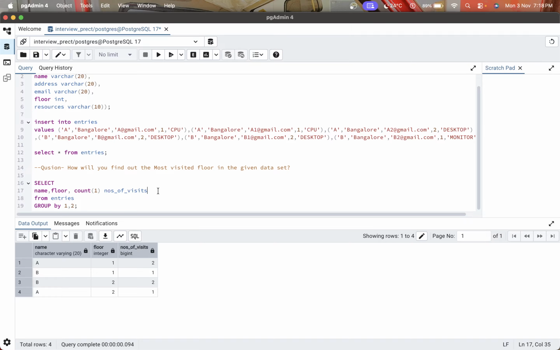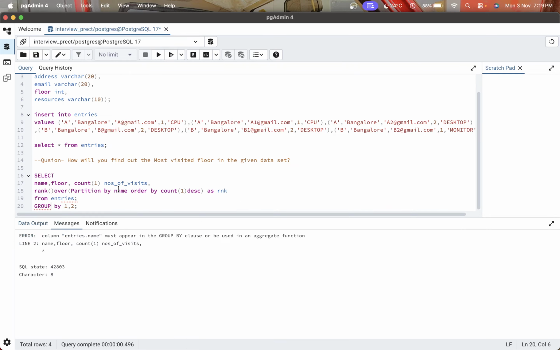The approach will be to use rank over, and I'm going to partition by name, order by count descending, as RNK. This is my alias for the rank.